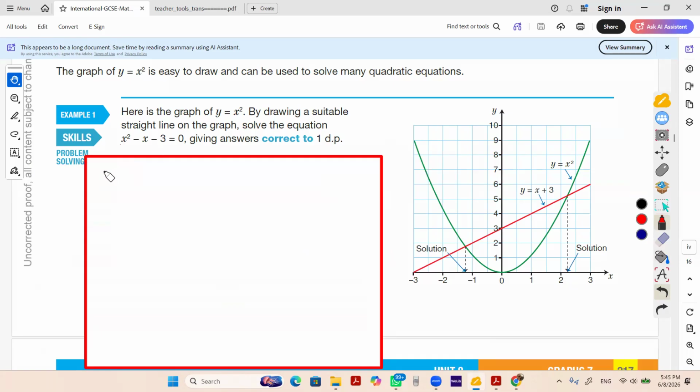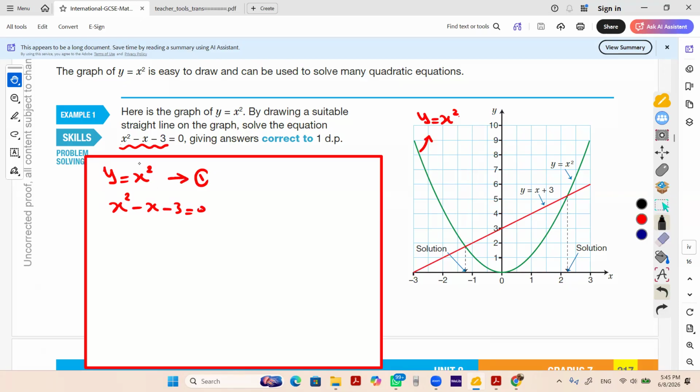The first function, which is y equals x squared, is a quadratic function, which is represented by this parabola. This is y equals x squared. The second equation is x squared minus x minus 3 equals 0.